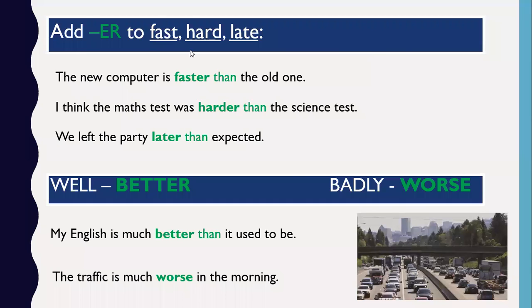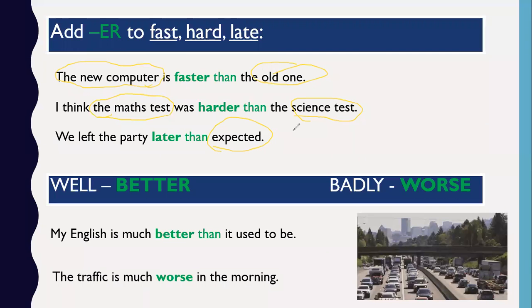What is compared here? What is compared here is the new computer and the old one. For the second sentence, comparing the math test and the science test. Number 3, than expected. There is another expectation before you go to the party, right?